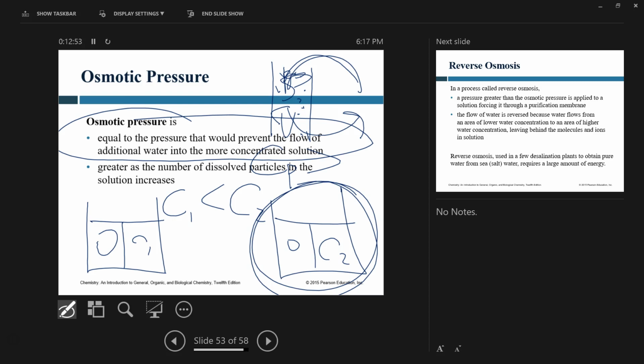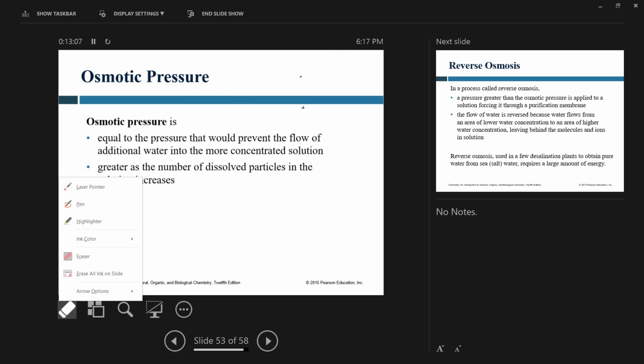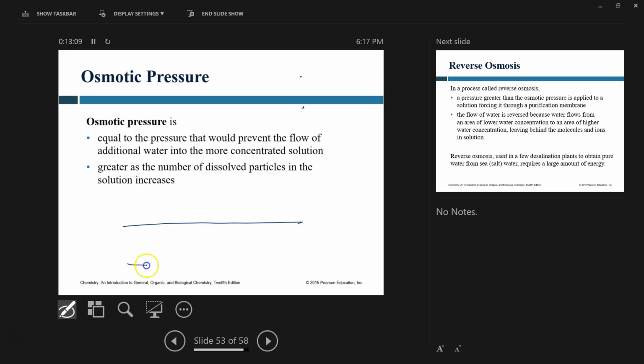Now, what if, so you have a system, let me erase it and show you what I'm talking about and why osmosis, understanding of osmosis is so important in physiology. So let me draw it again. So I have a blood vessel, okay? That's blood here. And you have blood pressure driving the fluid out.